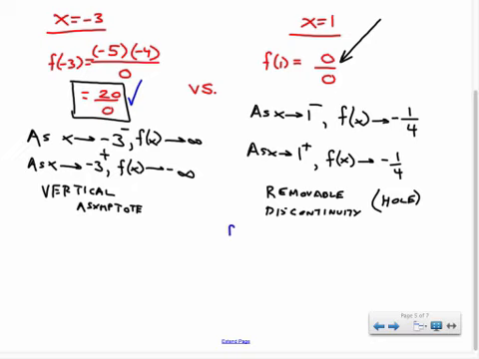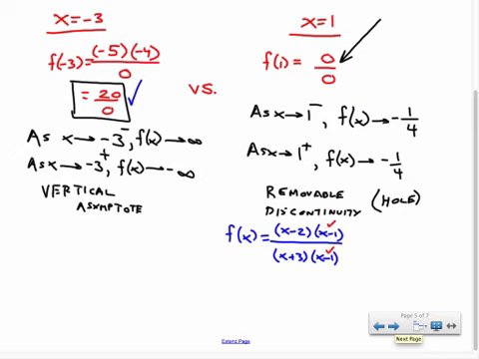If we go back to our f, f of x was equal to, when I factored it, x minus 2 times x minus 1 divided by x plus 3 times x minus 1. Now, if I look at this, I'm going to notice that the numerator and the denominator share a common factor of x minus 1.